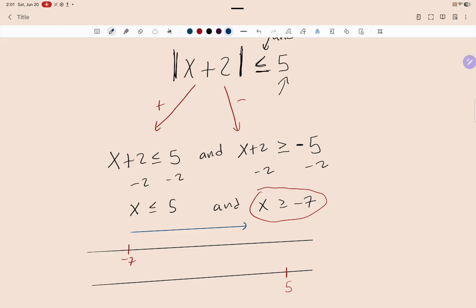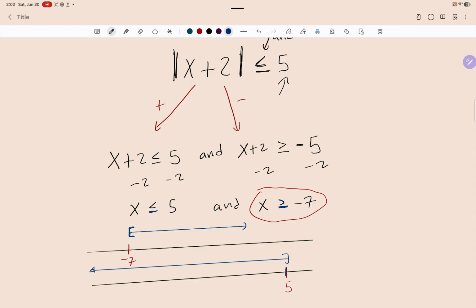And because it has this symbol here, I make it a bracket. Whenever you have the little equals or the little tick mark at the bottom, it's a bracket. More of that in the previous video. And for the 5, we want x's that are smaller than or equal to 5. So locating the 5 at the bottom, I'm going in this direction.